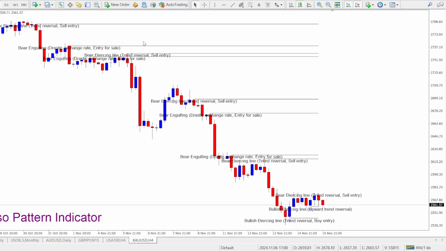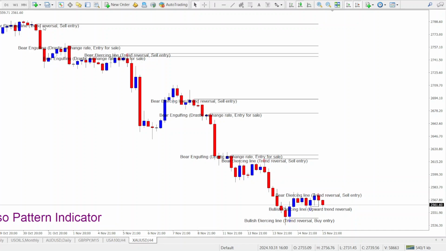So we can see that one of the things this indicator does is identify candlestick patterns for you. Here we had a bear line, is it? That's a pattern the indicator identified, a bear line, and it indicated that this is a trend reversal pattern.